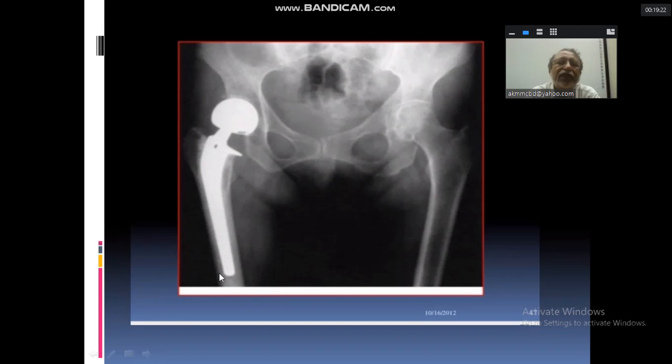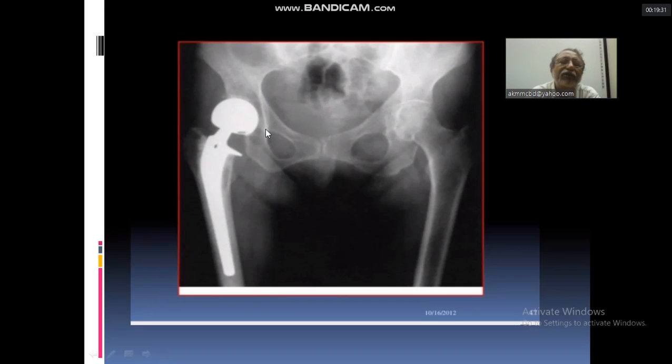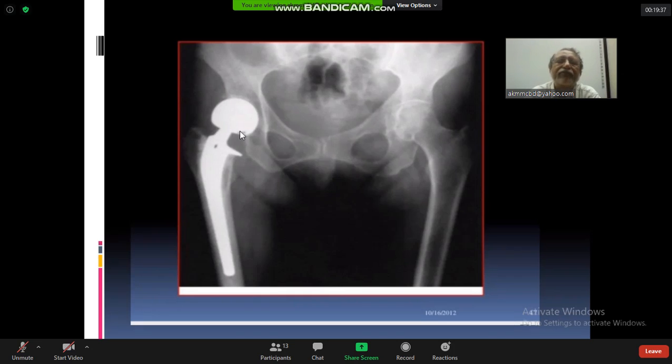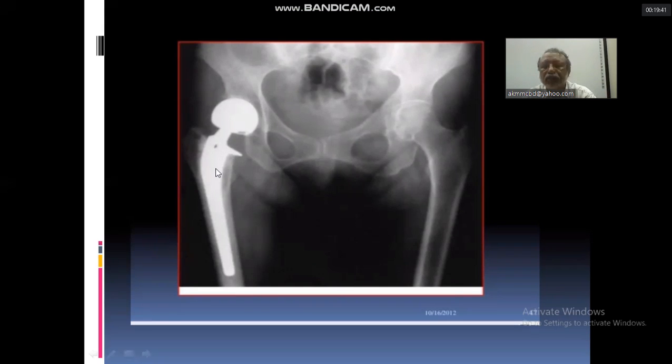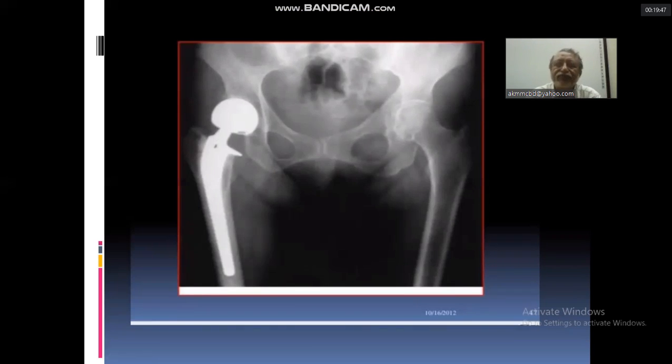In the bipolar prosthesis, there are two components: the shaft part, neck part, and there is a small inner ball, and outside the inner ball there is an outer ball. So a ball within a ball. It's a bit complicated, but it gives better management for many purposes. So it's fine. It's a hemiarthroplasty with prosthesis. That's good enough. This type of bipolar prosthesis. Okay, fine.